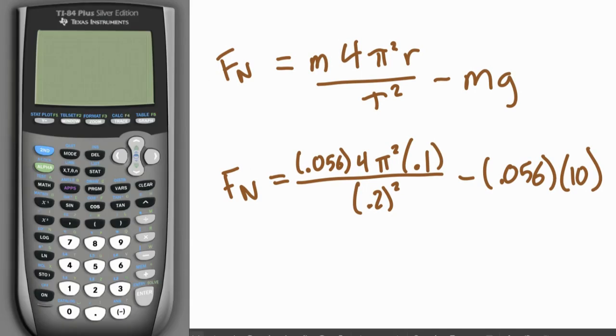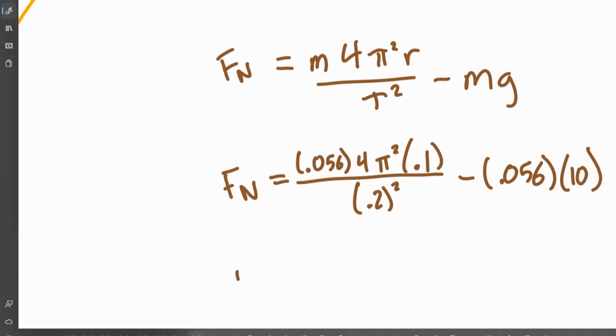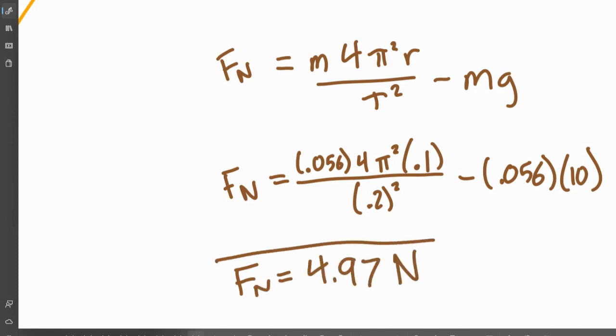All right, let's get our calculator up. 0.056 times 4 times pi squared times 0.1 divided by 0.2 squared minus 0.056 times 10. All right, I get 4.97. So normal force at the top equals 4.97. It's a force, so newtons.